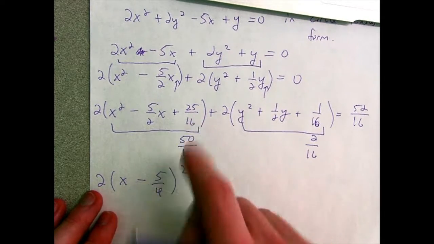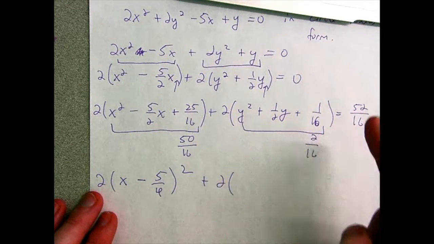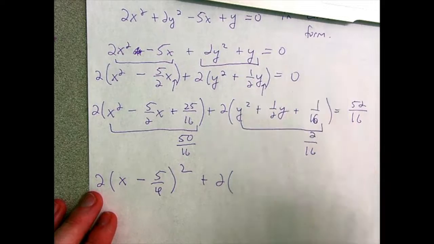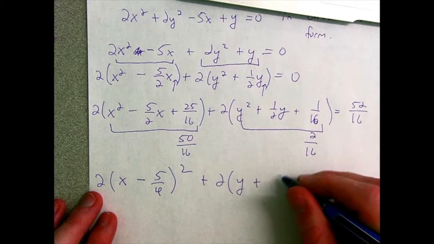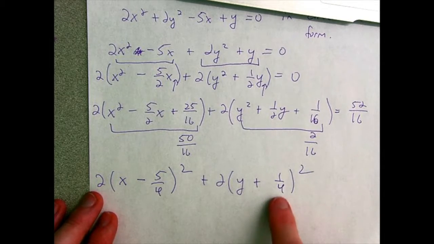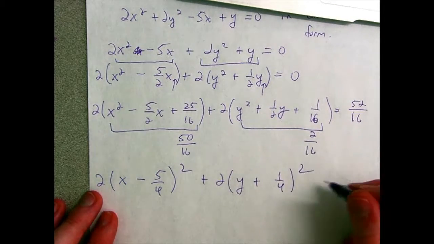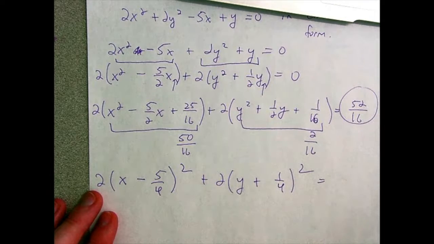If you think about it, it's going to be x minus 5/4 quantity squared. If you FOIL this out, right, you're going to get this, negative 5/4 plus negative 5/4 is this guy, negative 5/4 times negative 5/4 is that guy.